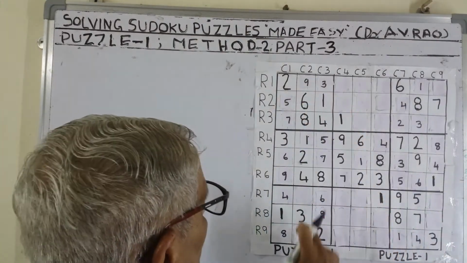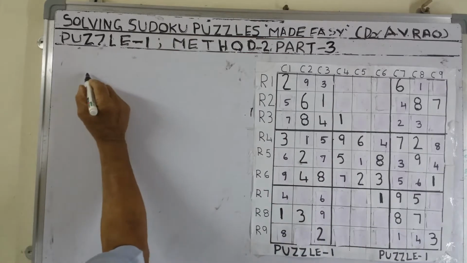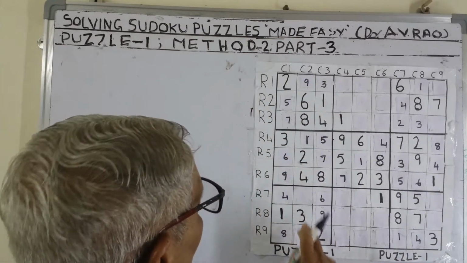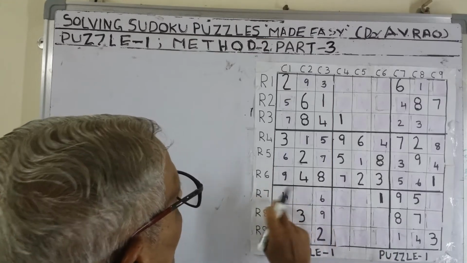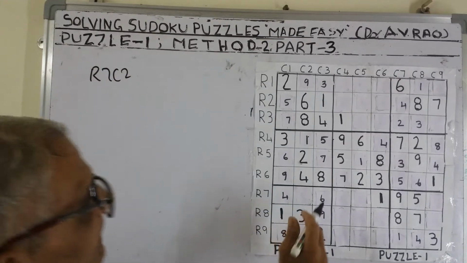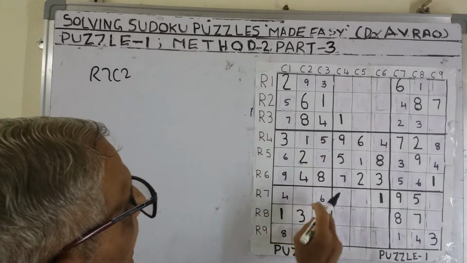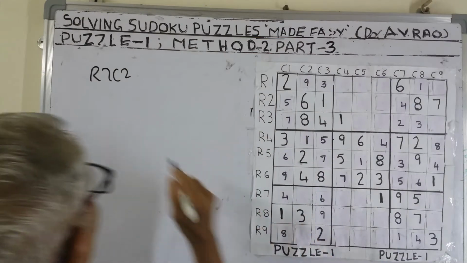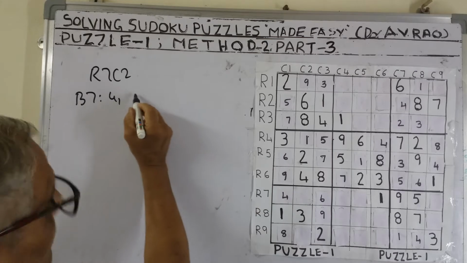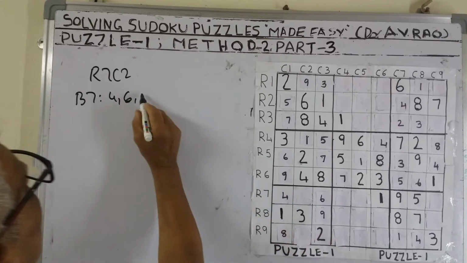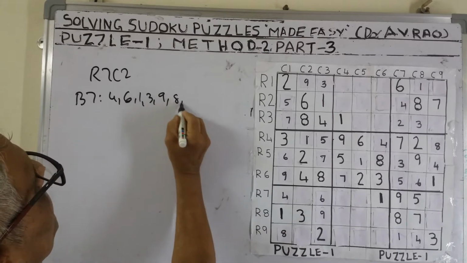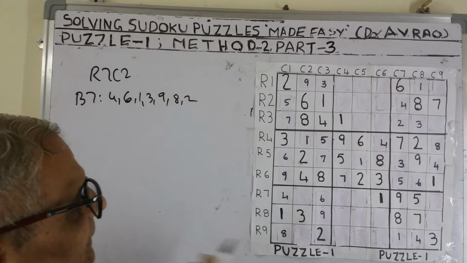Take column C2 and this cell R7 C2. It must be filled up. This is in box 7, so B7. What are the numbers? 4, 6, 1, 3, 9, 8 and 2. These are the numbers in box 7.